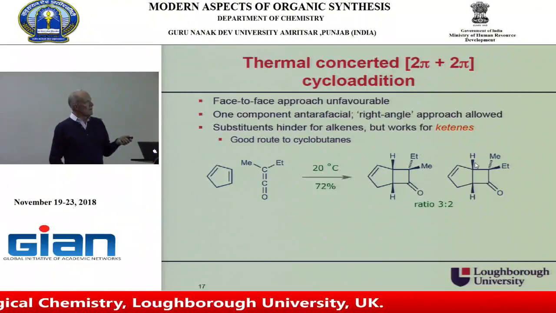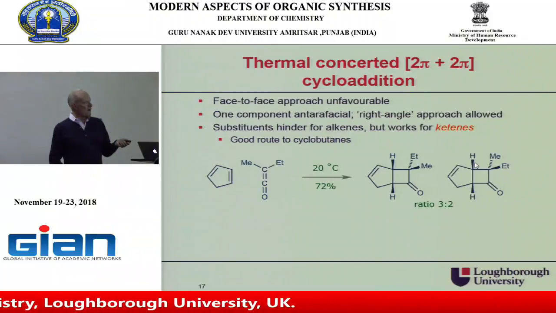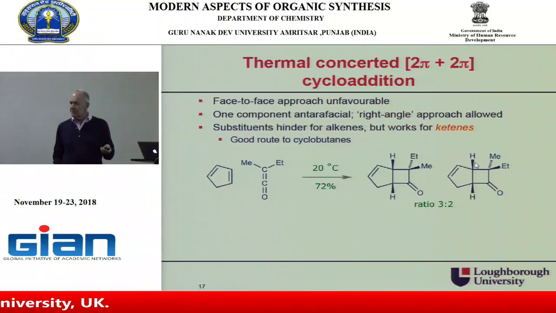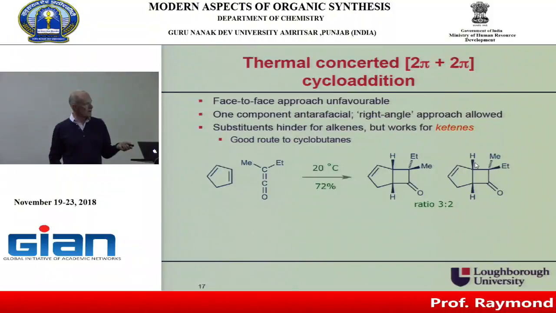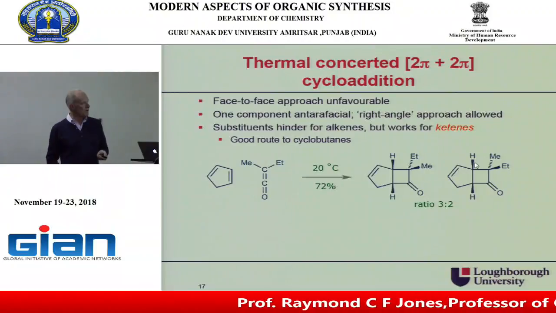It's very difficult to get that with an alkene, because the substituents get in the way. But it works for cumulenes like ketenes here, where one end doesn't have geometry of the substituents, it's just a linear molecule.